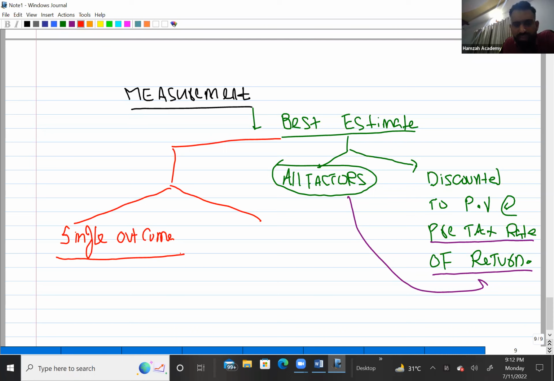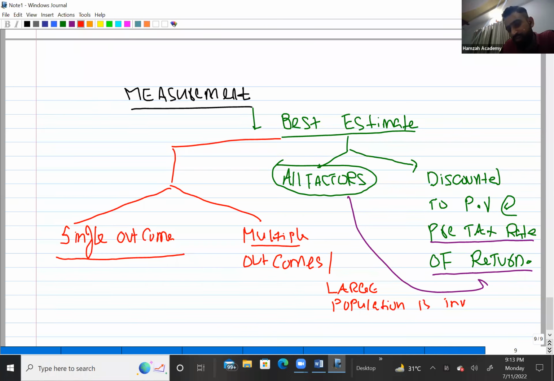Or the other one is a scenario where multiple outcomes are possible, or a large population is involved. For example, like a warranty cost or refunds.